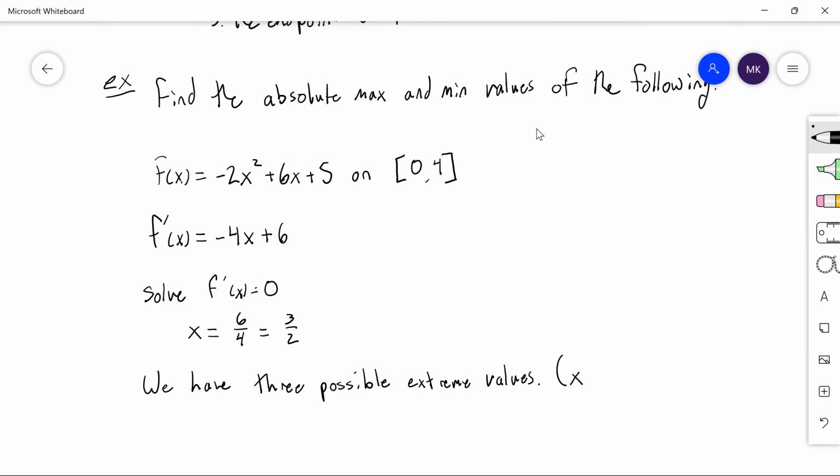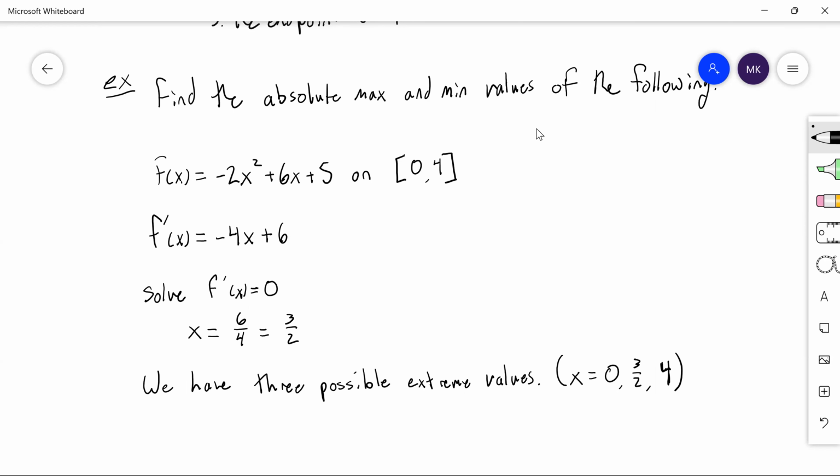And they are x equals 0, 3/2, and 4. There's no point at which our derivative is undefined. And so we only use the point where our derivative is equal to 0 and the endpoints of our function.